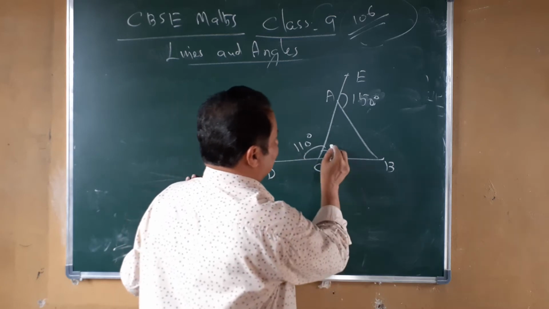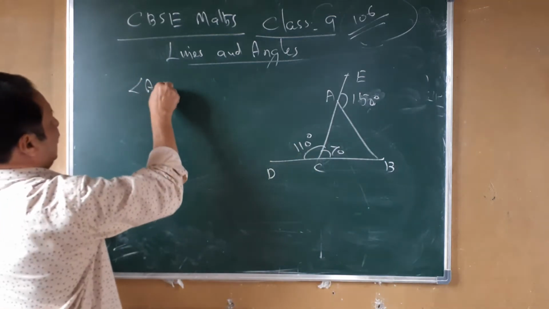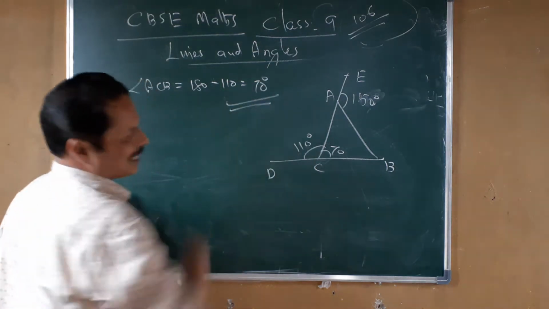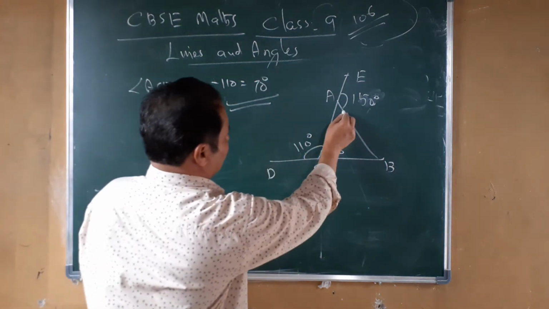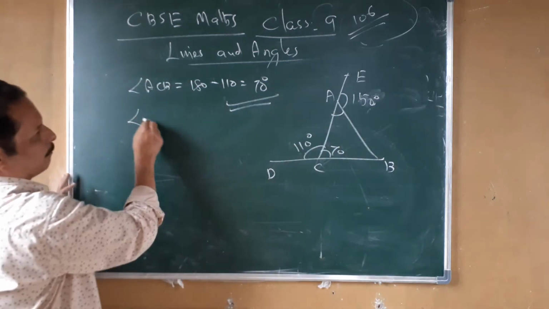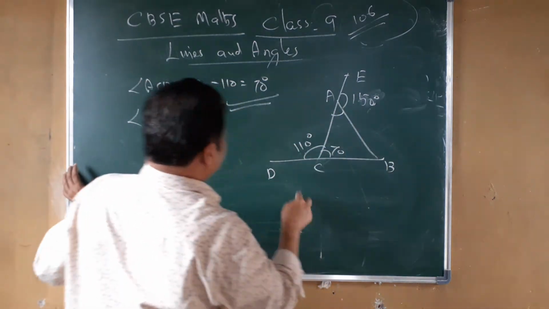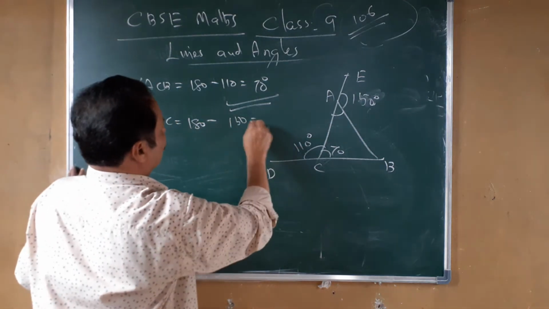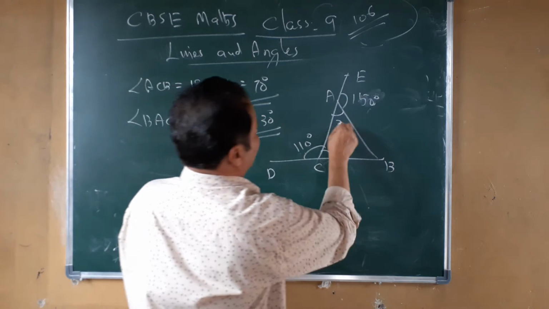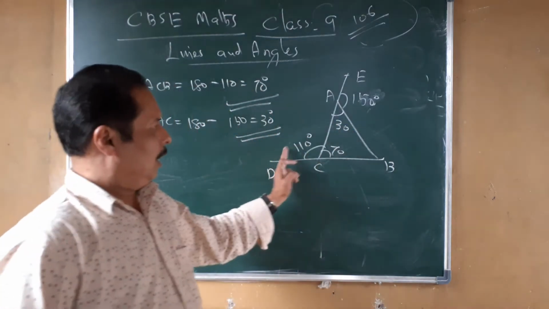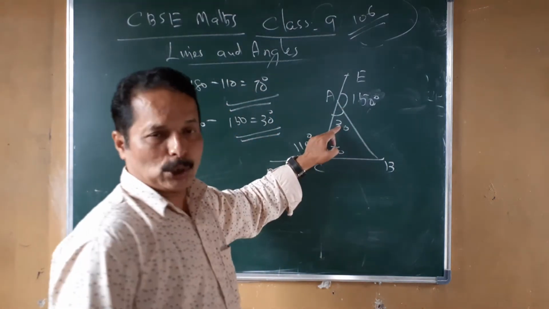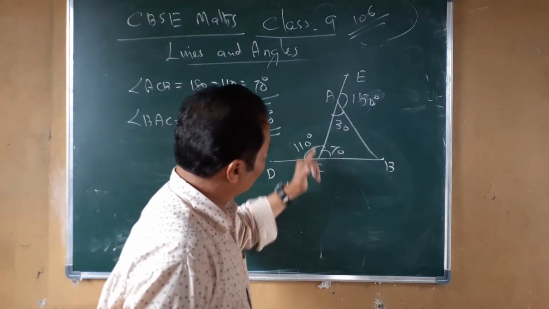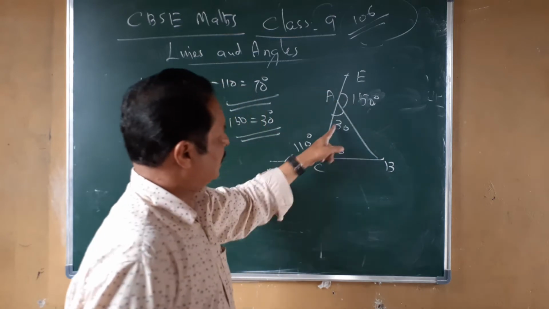Therefore ACB equals 180 minus 110, which is 70. Is it clear? Similarly here also supplementary, and the angle is BAC: 180 minus 150 equals 30 degrees. Supplementary means 180. So you get ACB and BAC as 70 and 30.